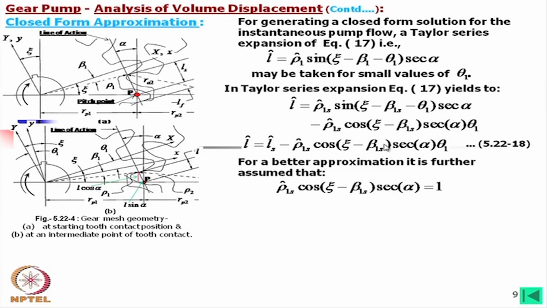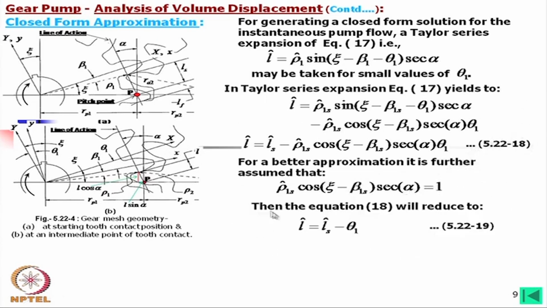This of course could be considered, but again a further approximation is done, that rho 1 s cos xi minus beta 1 s into sec alpha is equal to 1. Why is this considered? From the geometry it can be proved that this is very close to 1.